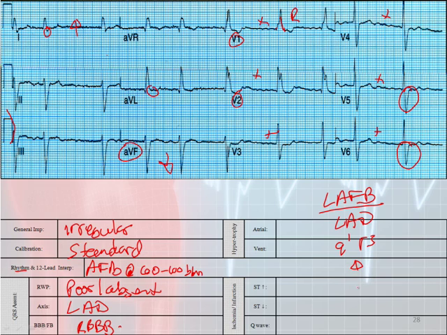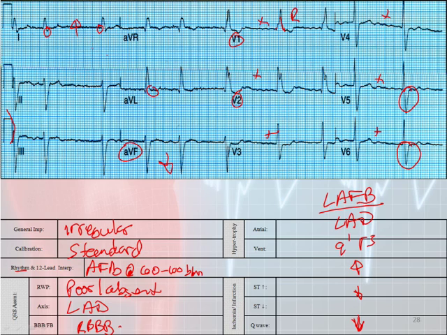Leads 1, 2, and 3 are supposed to be up, down, and down. For leads 1, 2, and 3, we do have our right bundle branch block. So let's look. Do we have our left axis deviation? We do. Do we have a Q1 R3? It's kind of tough to tell here. I don't really know if that's a Q wave or not. I can't really tell with this one.